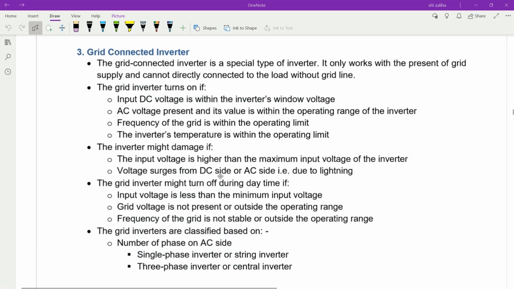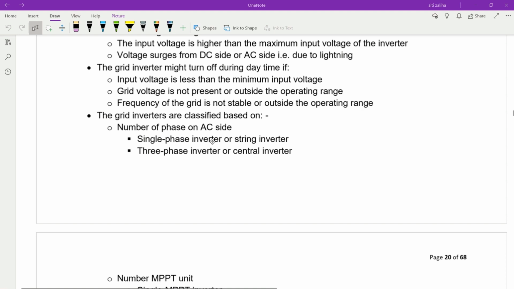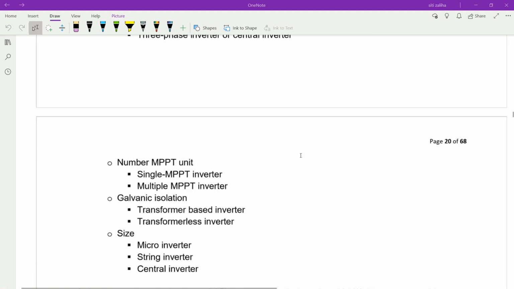The grid inverters are classified based on the number of phases on the AC side, whether it's a single phase inverter, or string inverter, or three-phase inverter, or central inverter. Number of MPPT units: single MPPT inverter or multiple MPPT inverter.